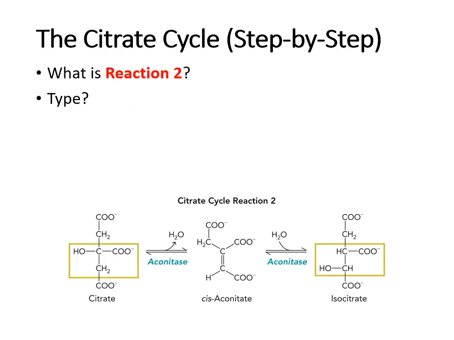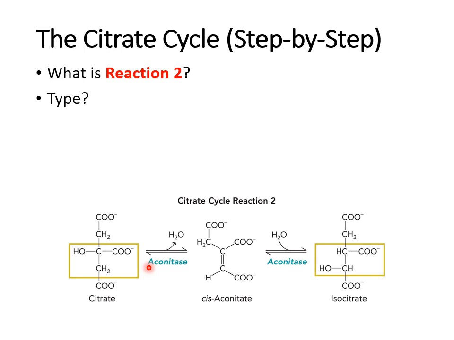The next reaction is the aconitase reaction. So again, you'll see the enzymes listed on the figures. So it's the aconitase reaction. And the type of reaction occurring here is called an isomerization.